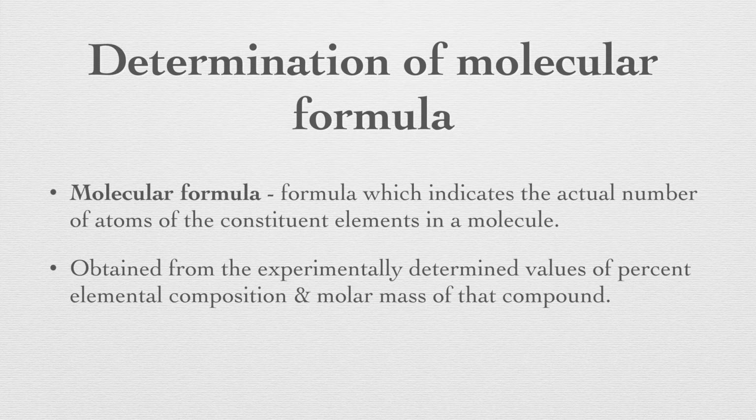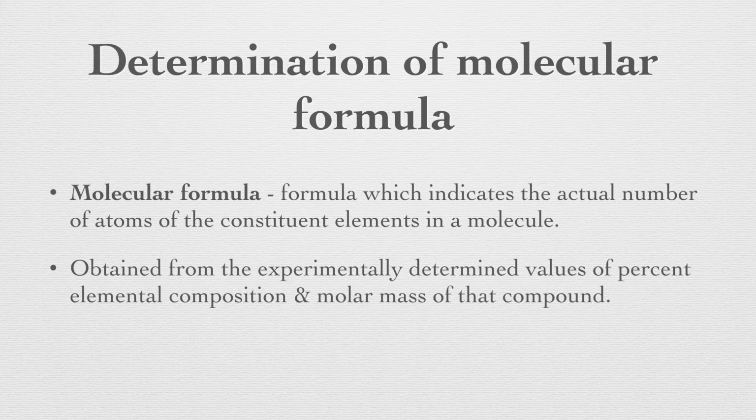It tells us the exact number of constituent atoms of the elements in the molecule. Hopefully you understood the literal meaning of molecular formula. Now how can we obtain this? It can be obtained from the experimentally determined values of percentage elemental composition and molar mass of that compound.